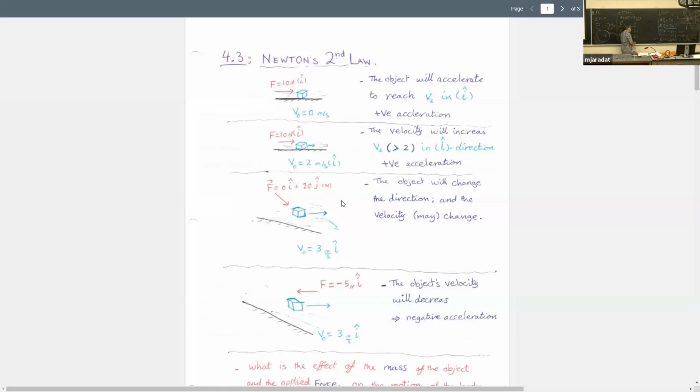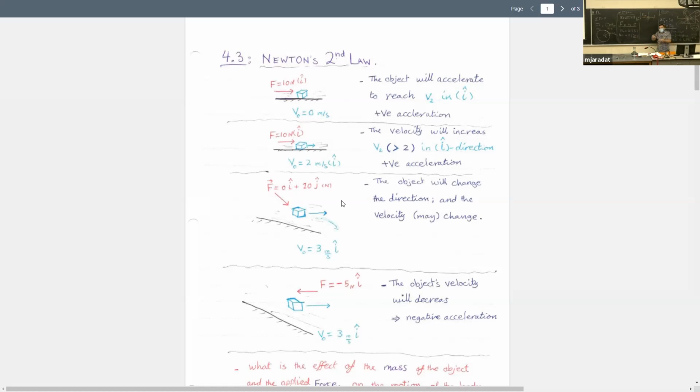What if I have an XY direction and I have an object at the origin and it is moving in the positive X direction? It has velocity. And I apply a force in the positive X direction. What will happen to this velocity? Is it bigger, the same, or smaller?